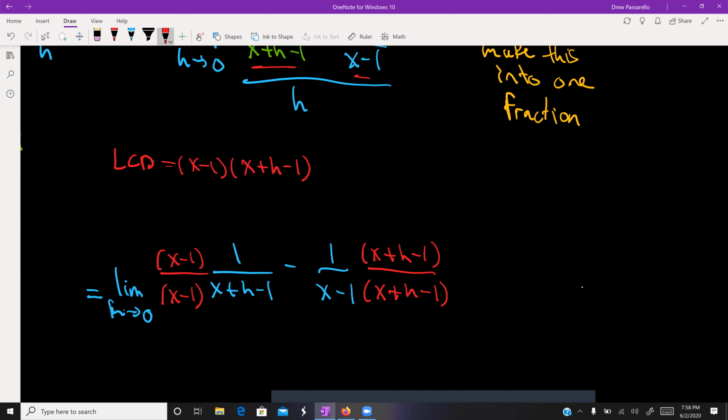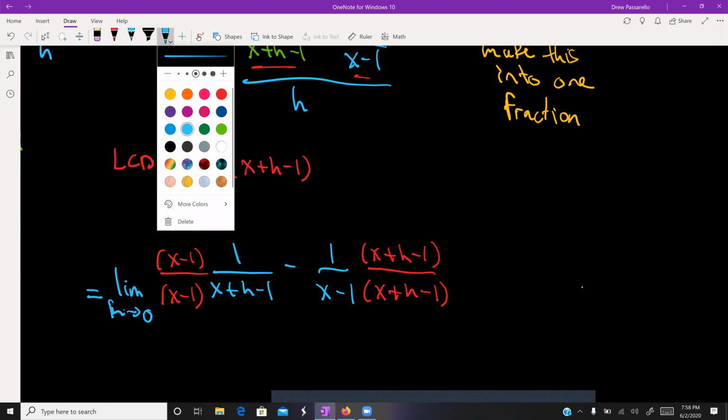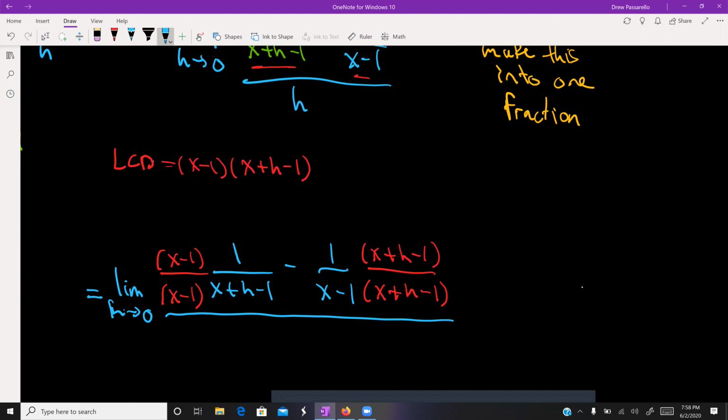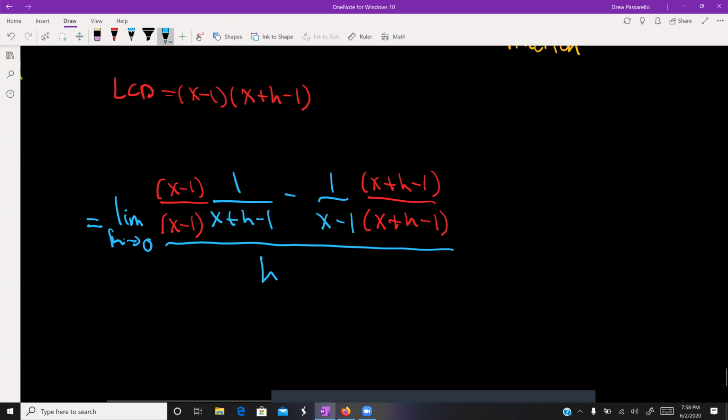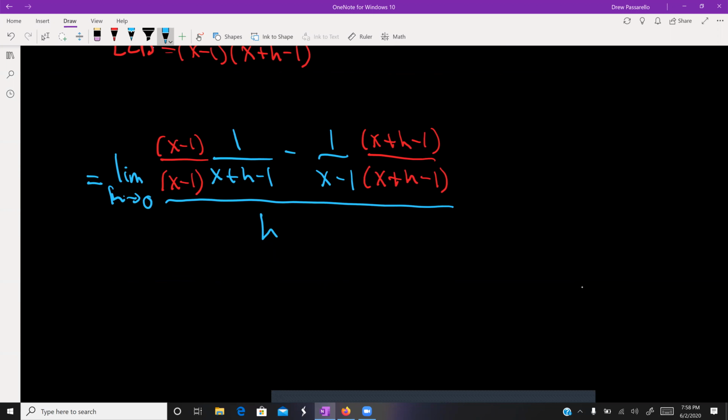Now, mind you, all of this is being divided by h. I'm just focusing on the top part to make that one fraction. So what I'll have is the limit as h goes to 0. They have the x minus 1 times x plus h minus 1 denominators, so I'm going to make it one fraction.